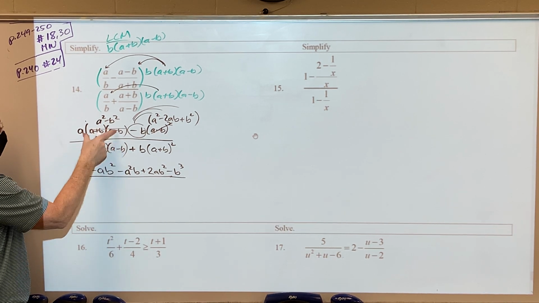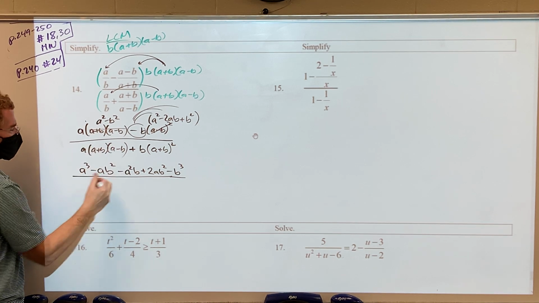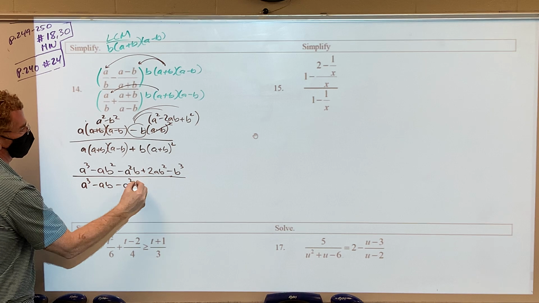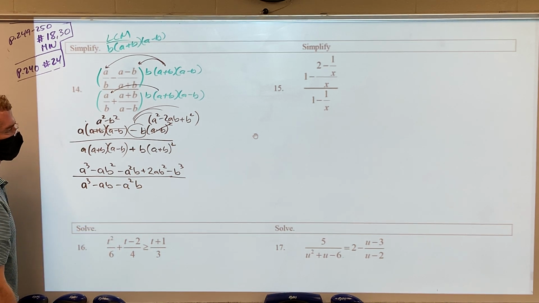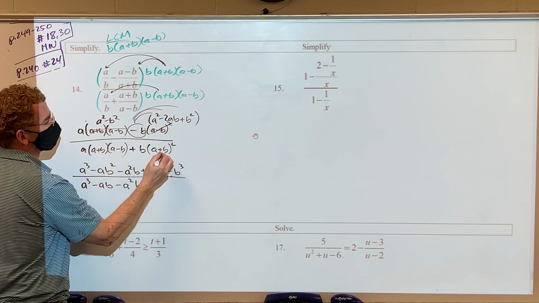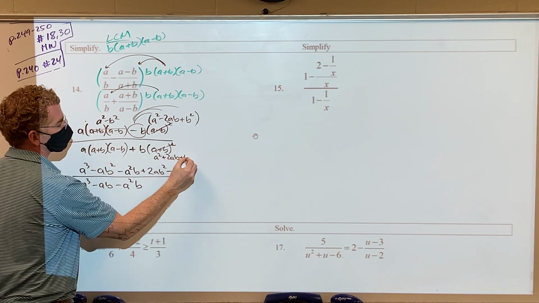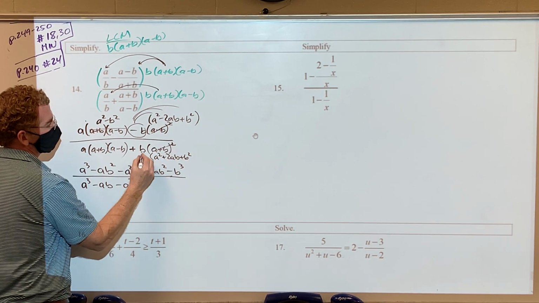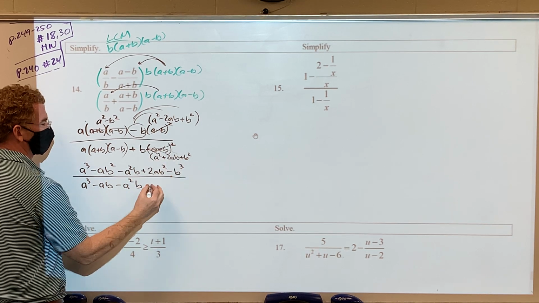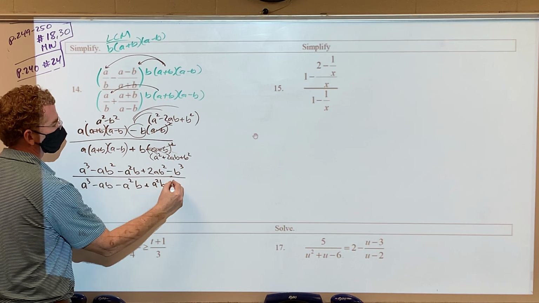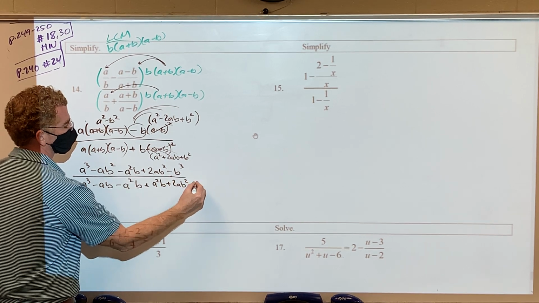Because that and that match, I'm just going to copy down this part and save myself the trouble of doing the math again. But this I'm going to have to do. So that is A squared plus 2AB plus B squared. So I'm going to multiply that B in. So plus A squared B plus 2AB squared plus B cubed.